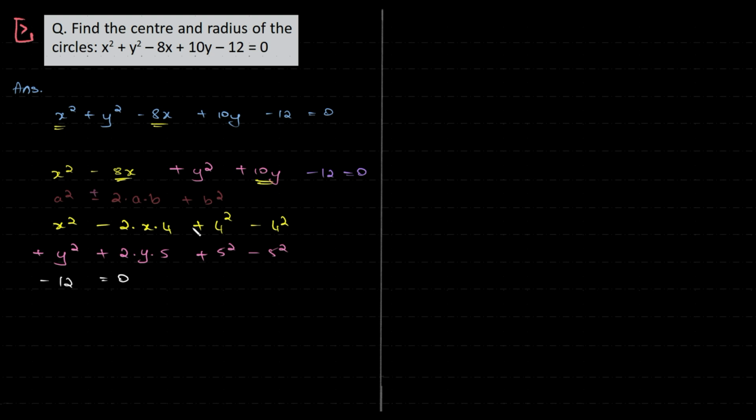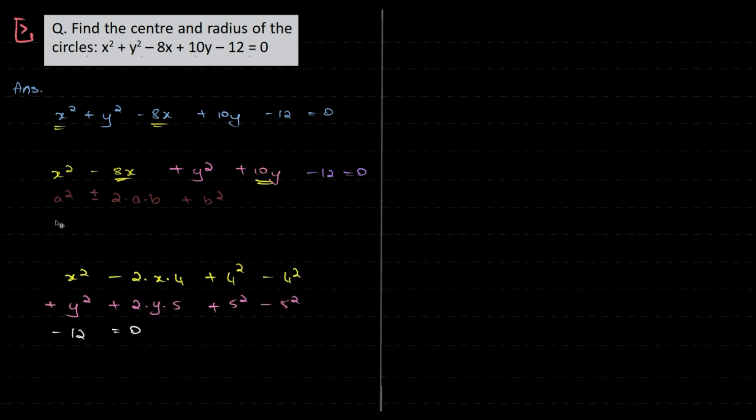Let me explain this. I'll rewrite over here. Let me make some space. So we're just rearranging and writing it. Now, how is it that I'm able to do this?